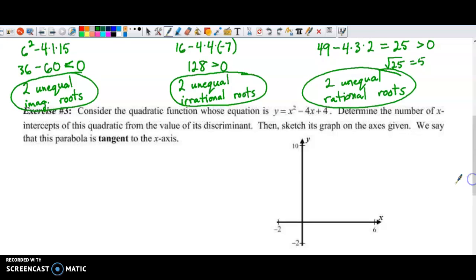So what do I mean by having rational roots? And you can play around with the graphing calculator if you have access to one. But if you were to go through the discriminant on this and do b squared minus 4ac, and we end up with 16 minus 16, which is 0, then let's factor this real quick.